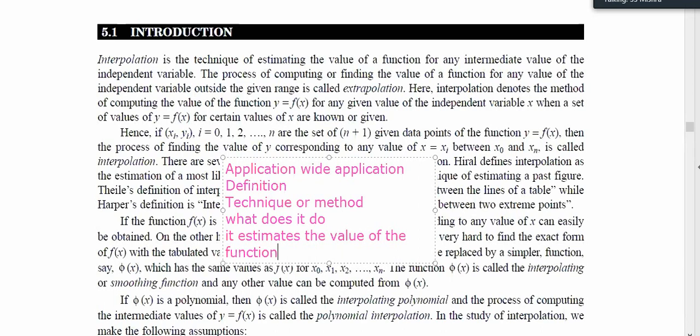As I just gave you the example, when we talk about 15, 27, 40, the value of the function is not given there. So it estimates the value of the function within the range of the independent variable, within the range of the arguments.